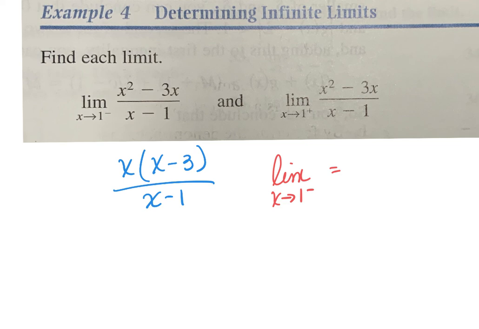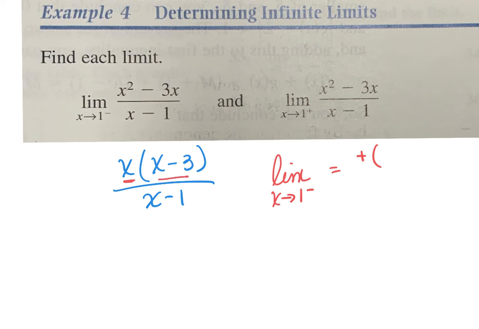From the left-hand side, meaning on the number line, I am just to the left of positive 1. Okay? So let's talk about what happens. Just to the left of positive 1, just a teeny bit smaller than positive 1, like 0.9, okay? So would it make this one right here positive or negative? Just barely left of positive 1. Positive, okay? So that guy's going to be positive, all right?